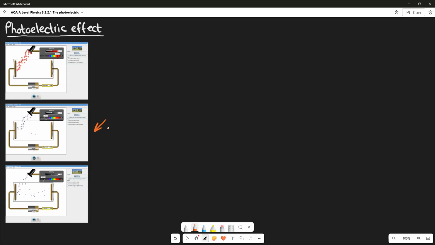We have light arriving at the plate where we only get the very surface photoelectrons being emitted, so that is at the threshold wavelength or threshold frequency. And we have the situation where we have a range of different velocities of photoelectrons traveling away from the plate. So this is where there's lots of energy being delivered, and electrons that are not just at the surface but also deep down in the metal are capable of being released.